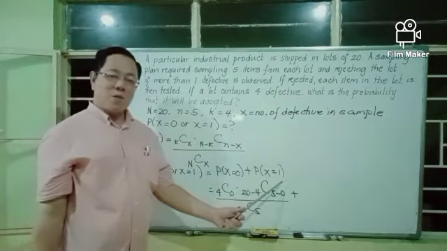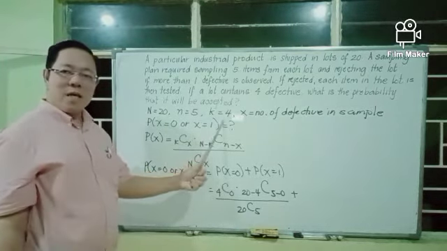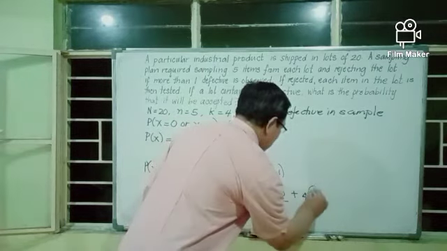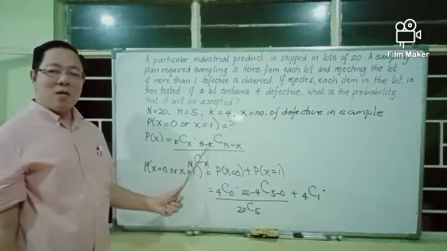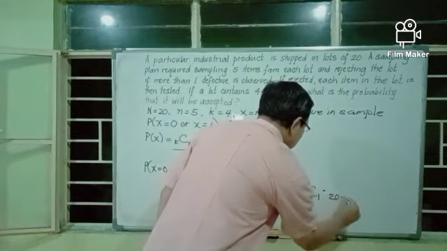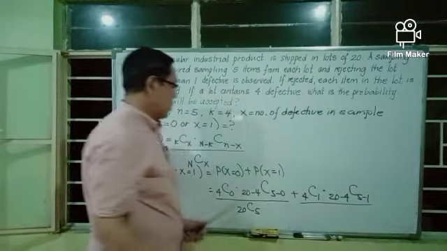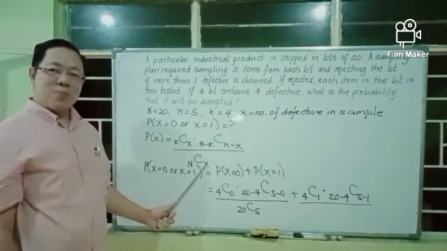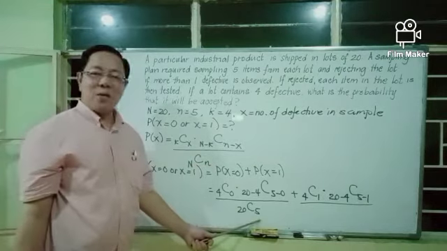Plus the probability that x is 1 is equal to combination of 4, k is 4, taken x is 1, multiplied by combination of 20 minus 4, taken 5 minus 1, over combination of 20 taken, this should be small n, but we have the right value here.